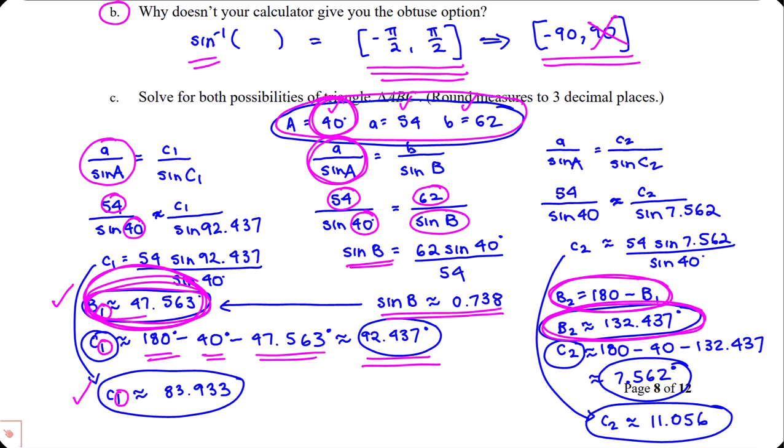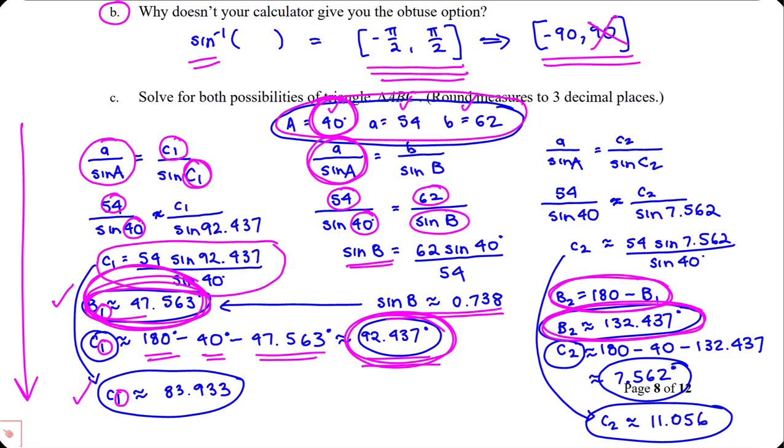They're the first ones in this group that I'm going to find. I have one more side to find. That's side C. So I take this angle C, put it here, use the law of sines, cross multiply, and solve for C1, and I get the third side. A and B were given. I now have side C.